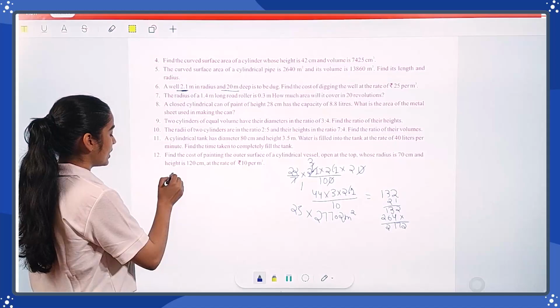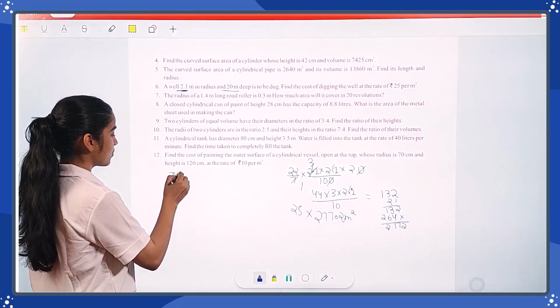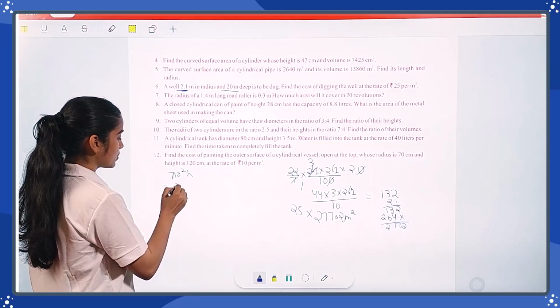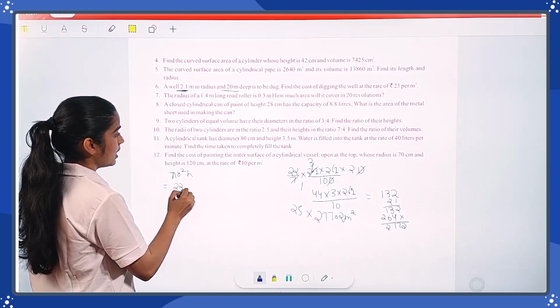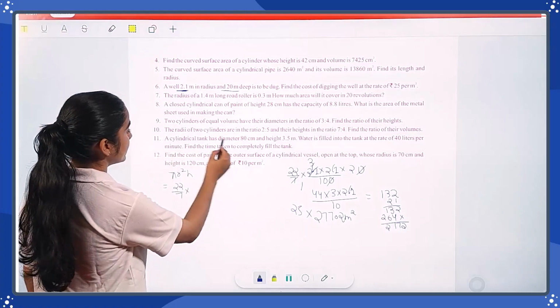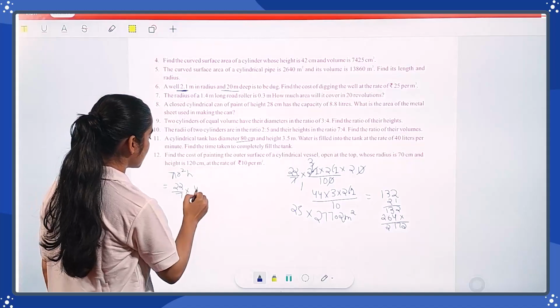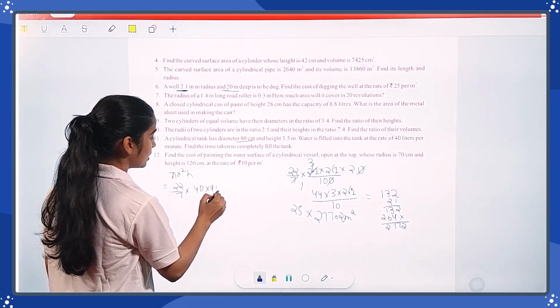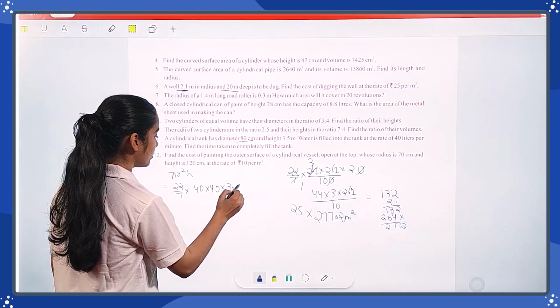So first of all, we have to find out the volume. Pi r square h, pi is 22 upon 7 and the diameter is 80 centimeters, so 40 multiplied by 40 is your radius, multiplied by 3.5.